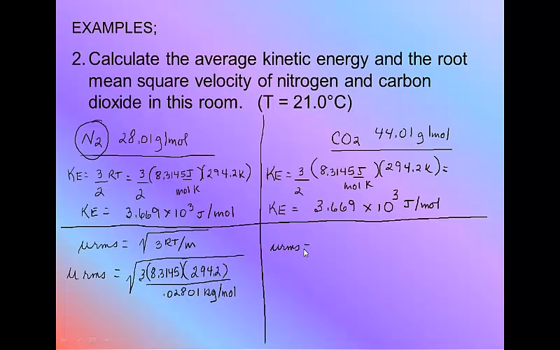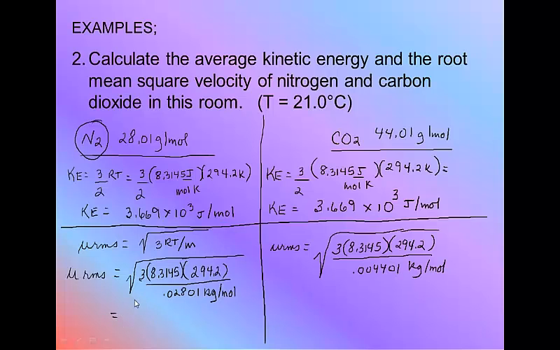Root mean square velocity for the fat guy: 8.3145, same number, same temperature, different molar mass, bigger molar mass, 0.04401 kilograms per mole.